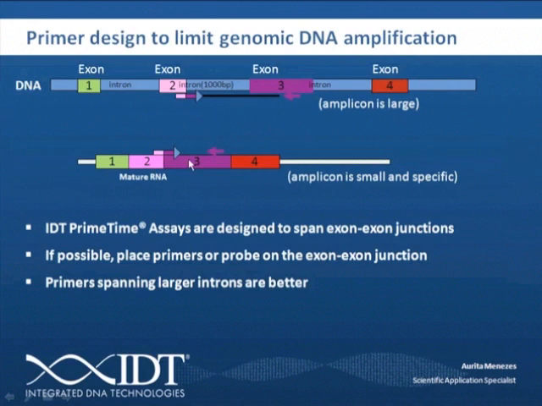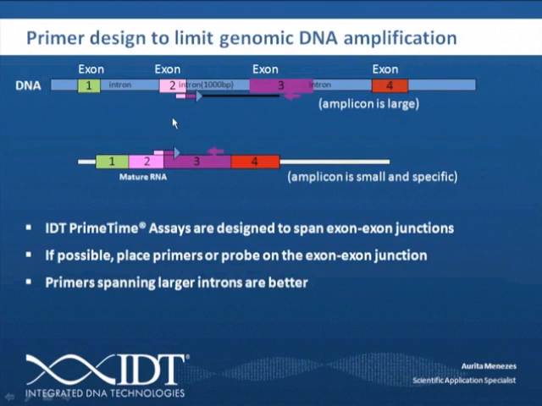However, in the cDNA, these two exons come together, and this primer is more efficient at amplifying the cDNA and not the genomic DNA. So this is not a requirement. This is only something if you can design a primer across a junction, that would be nice. And also the third level to keep in mind is if you're designing it across introns, the larger the intron, the better it is, because there's less likelihood of amplification of this large amplicon.